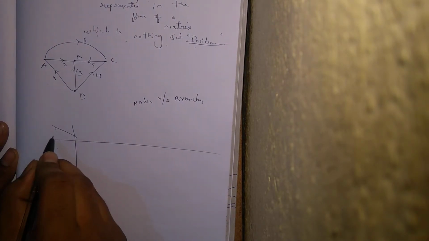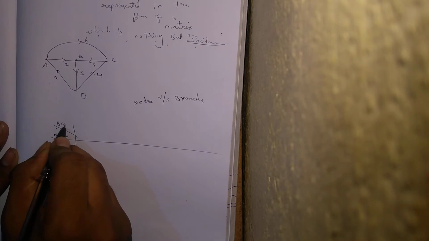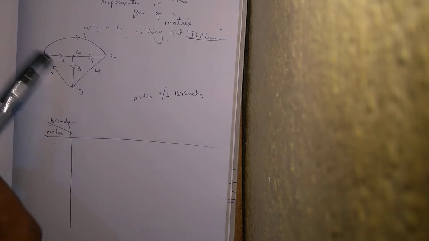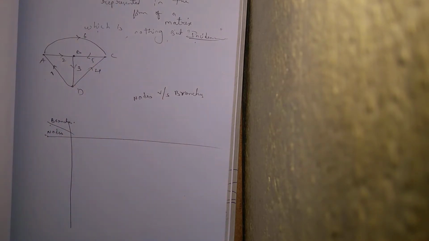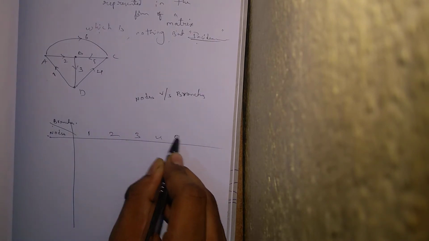Here will be my nodes and here will be my branches. How many branches are present in the graph? 6 branches: 1, 2, 3, 4, 5, 6.